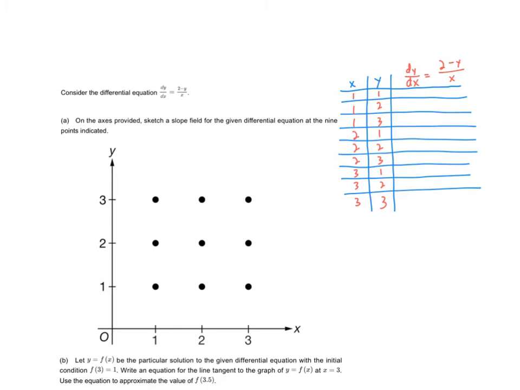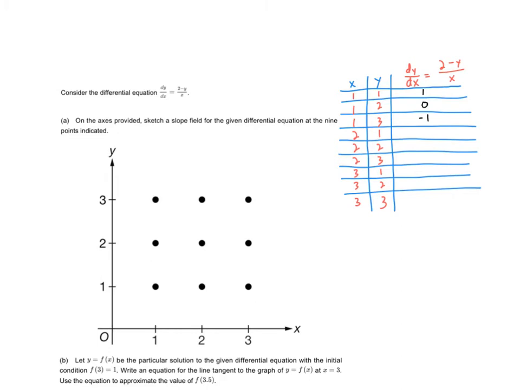Okay, so let's plug those in. I'm just going to plug in each one of these points into here and then record it in this column. So if you plug in 1 and 1, you get 1. Plug in 1 for x and 2 for y, you get 0. Plug in 1 for x and 3 for y, you get negative 1.